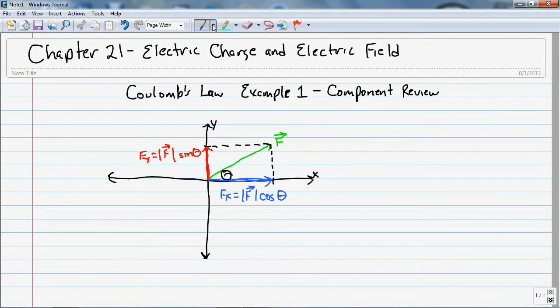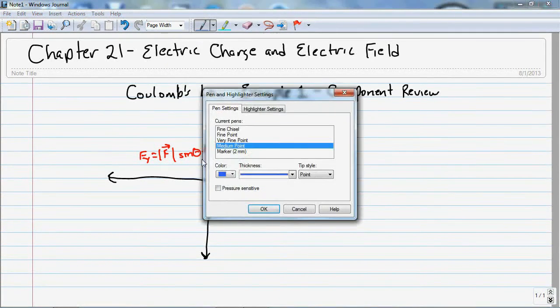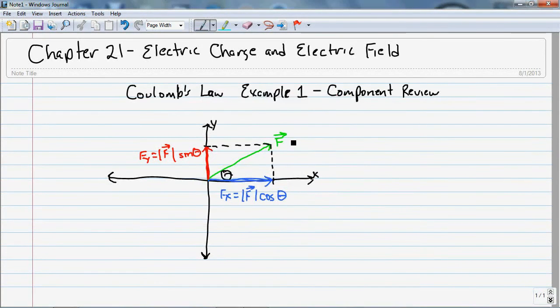So to get back, this F vector, the magnitude of it, is going to equal the square root of Fx squared plus Fy squared.